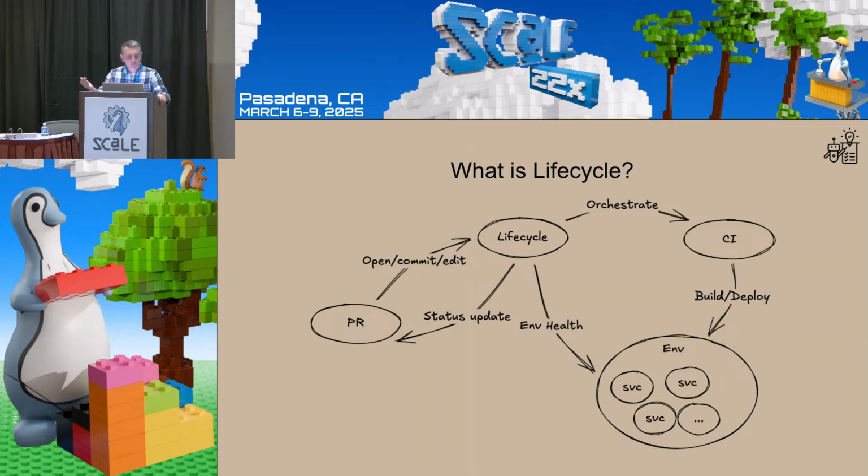We still have a staging environment, but for other use cases. So Lifecycle orchestrates with CI and deploys these services. It figures out what needs to be deployed. It knows how to connect this environment together, and you'll have a fully functional environment up and running in an isolated fashion once that process is finished.